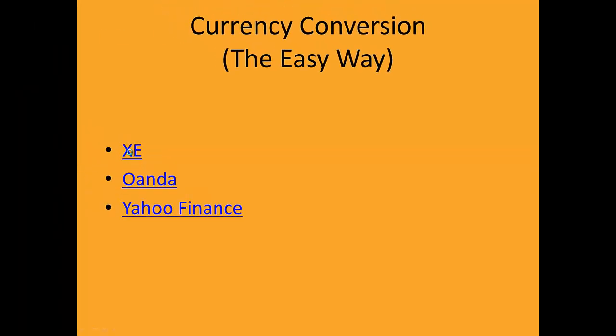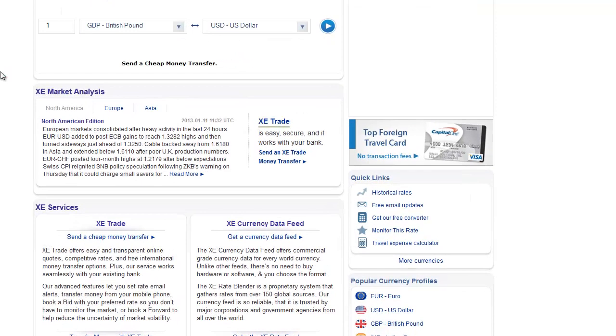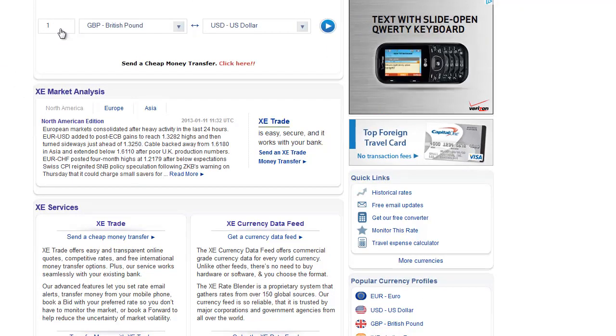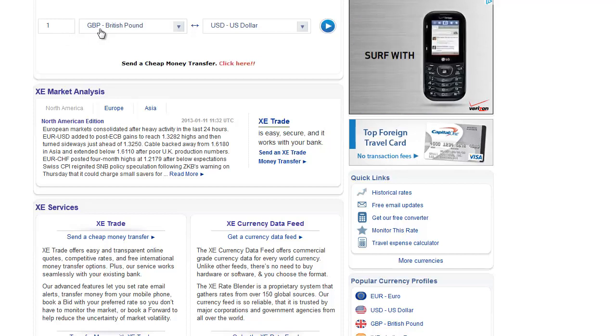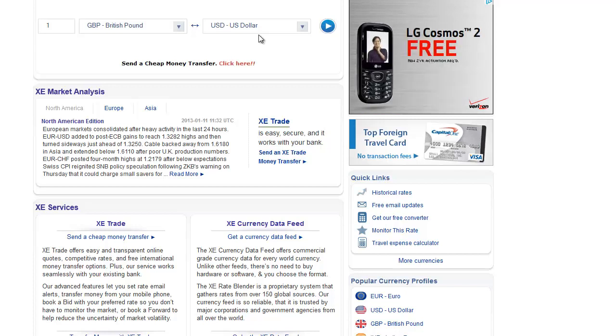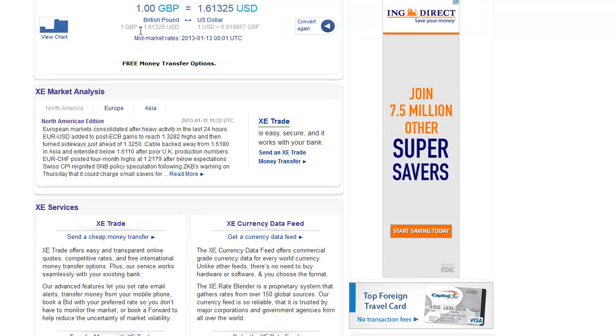Now, XE is a very good site for this type of information. And if you go to the website and you put a 1 in the first blank and GBP or Great Britain pound in the second blank and USD or US dollar in the third blank, then hit the blue arrow, the website will convert 1 pound to some portion of $1.